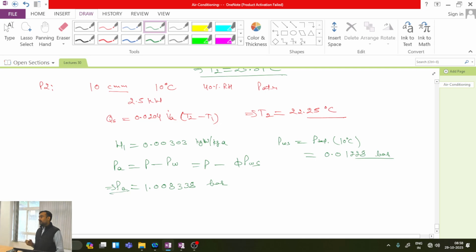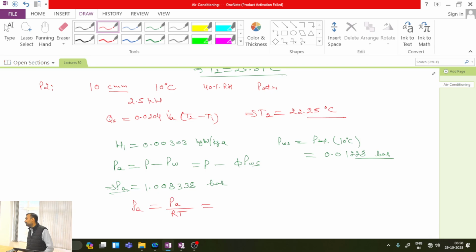If this is air pressure, can you calculate air density? What will be density of air? P equal to rho RT, so PA divided by RT. PA I have calculated, R I know 0.287, T 10 degrees Celsius, it means 283 Kelvin. So how much is density then?